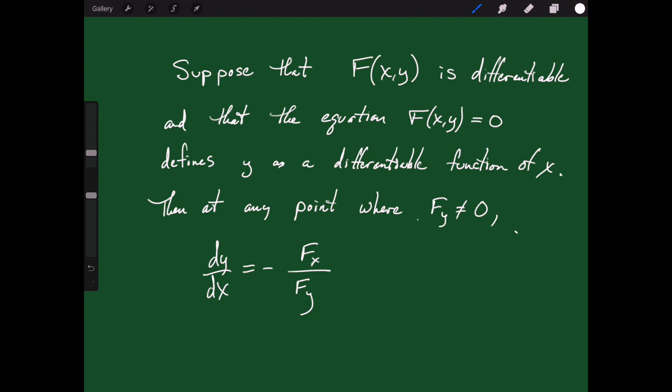And so let's just do one of these and just remember kind of what this was like, and then see how easy this formula makes it for us. So a quick example to show how effective this solution is: if we have sine of xy plus 3x squared is equal to 0, find dy dx.